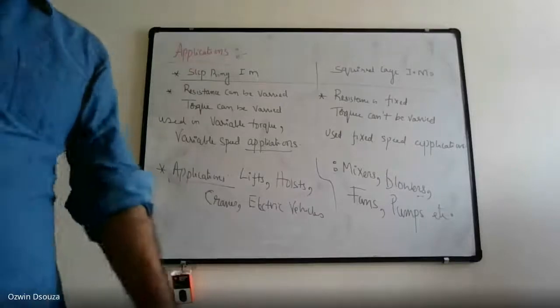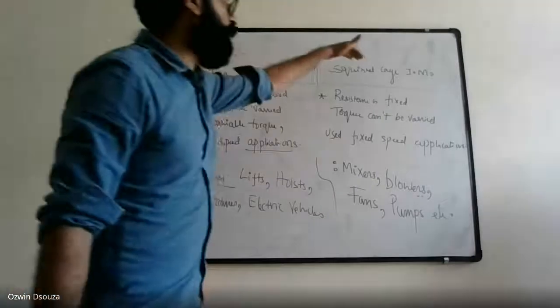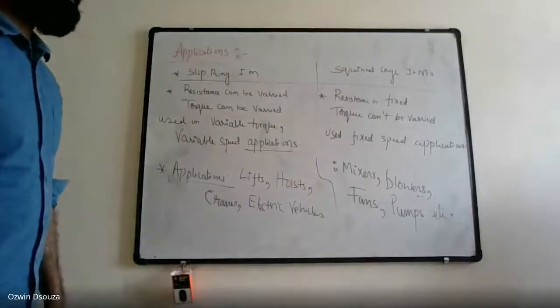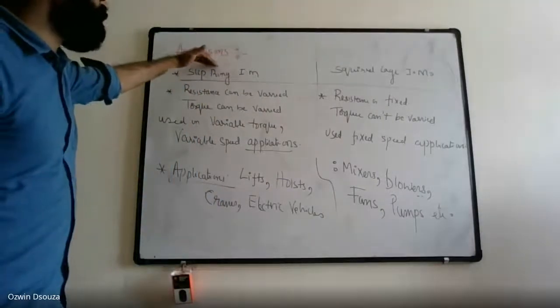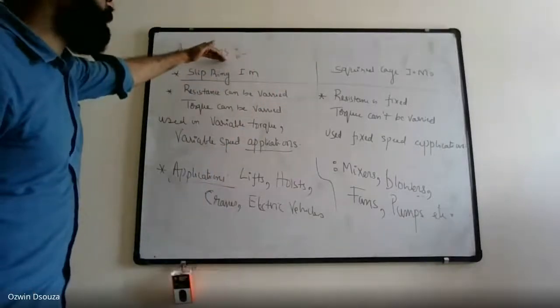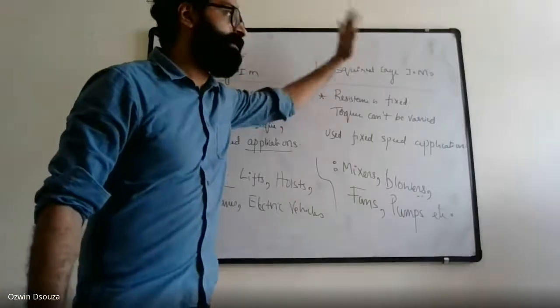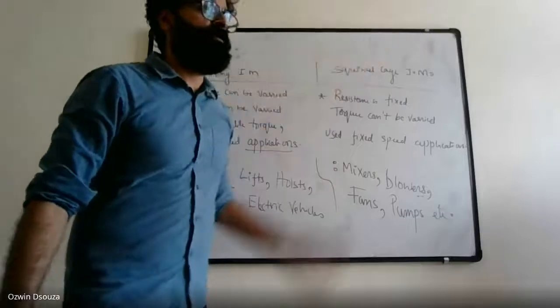Other differences I have already mentioned: high maintenance, low maintenance; slip rings are used, slip rings are not used; rotor resistance can be varied, rotor resistance cannot be varied due to the short circuit nature of the rotor.